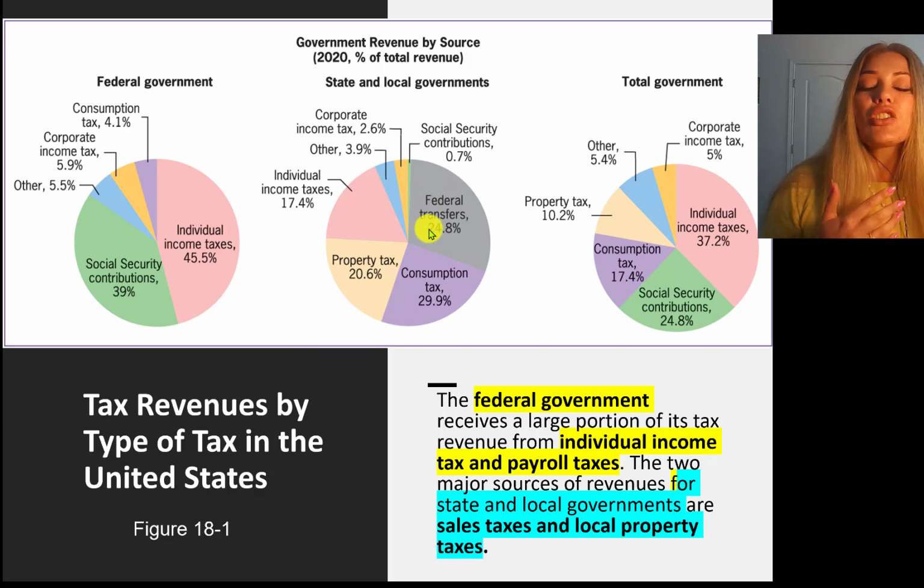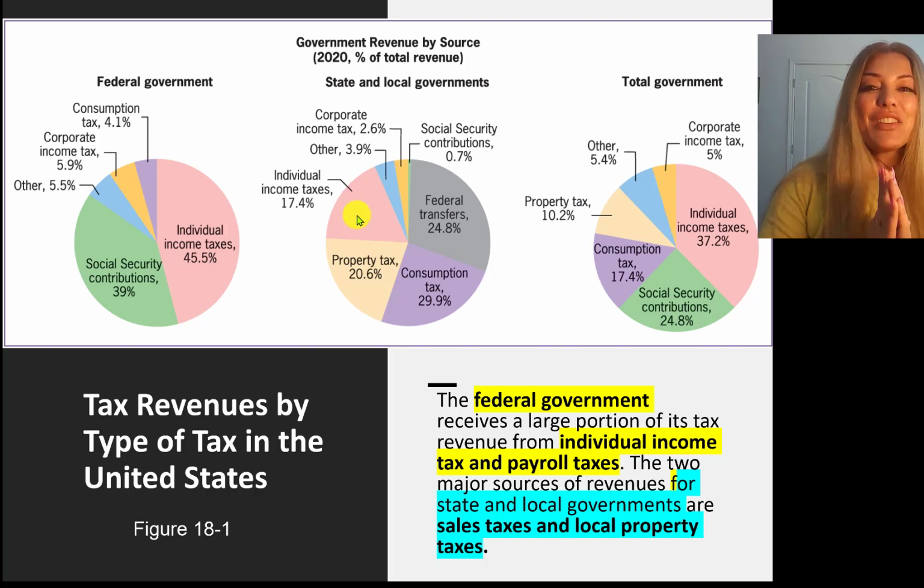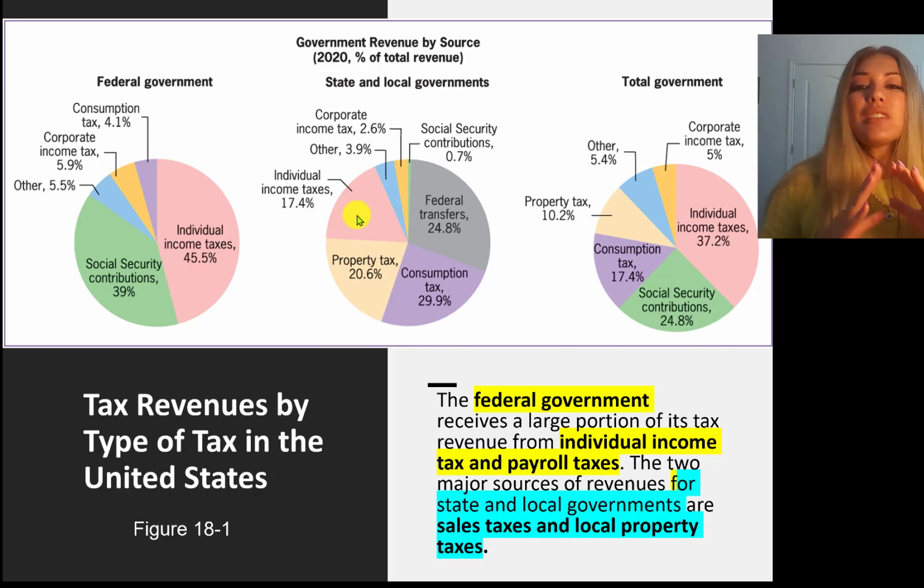We also have large federal transfers, which is 24.8%. We see individual income taxes much smaller compared to the federal government, about 17.4% of state and local government revenue. The state of Texas, where I work, does have no state income tax.